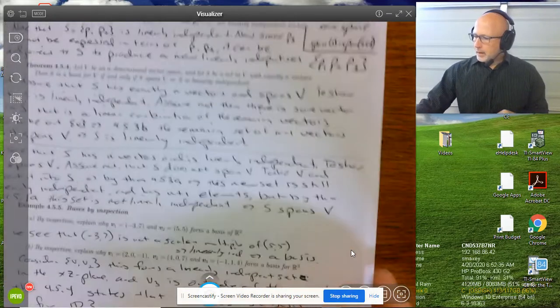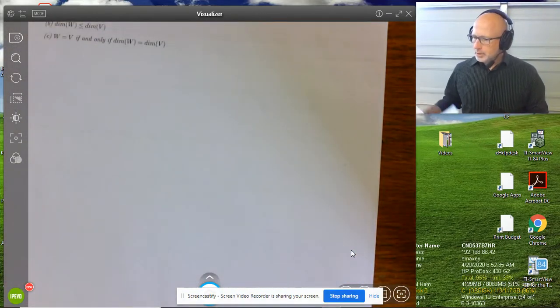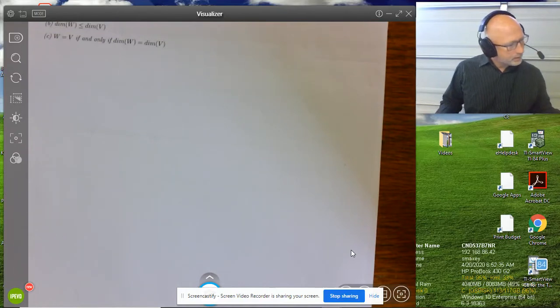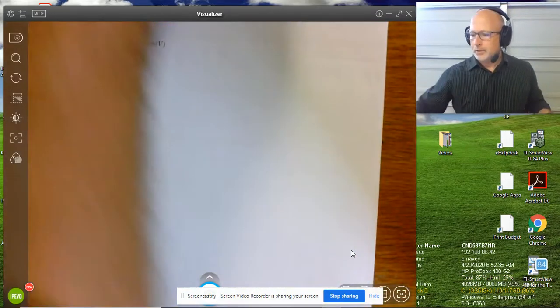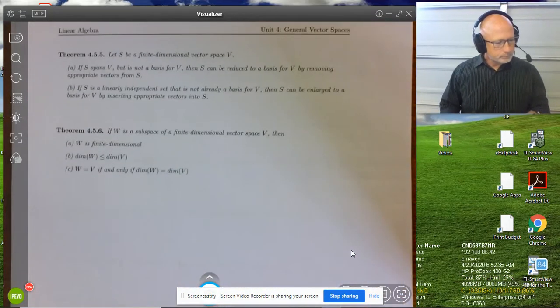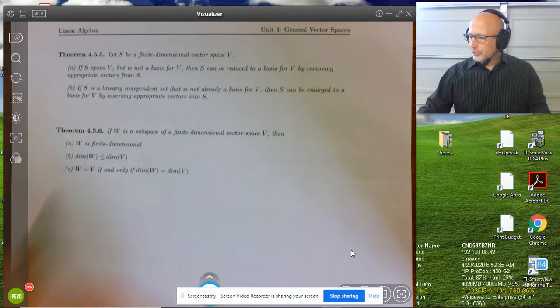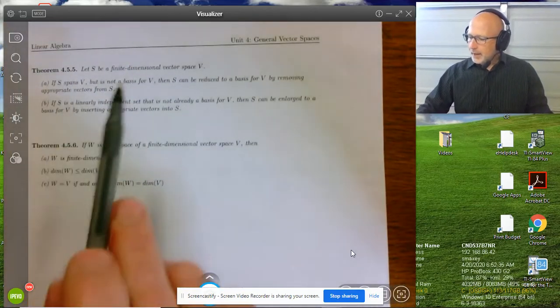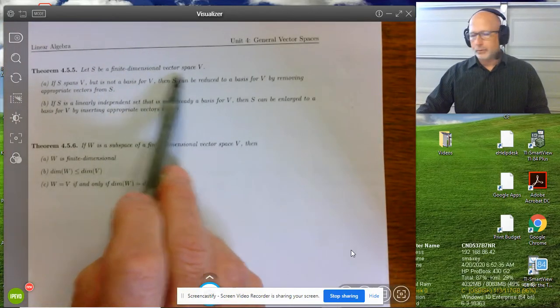Okay, last page. So the last page, I just don't have too much for you here, just a little bit. The first one is theorem 4.5.5. Let V be a finite dimensional vector space.